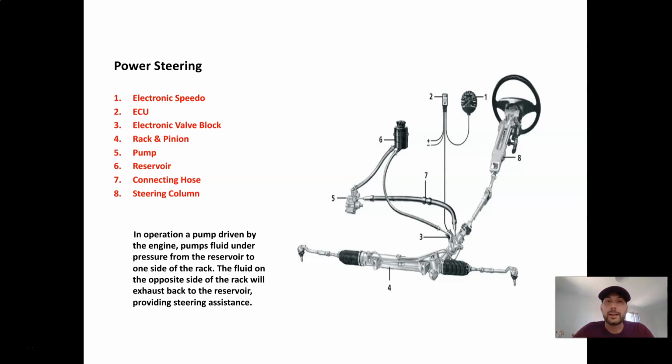So if you imagine we need it to move to the left, what we'd want to do is put the pressure to the right. So the pressure builds behind it. Then it forces the piston, which also is connected to the rack, which forces the rack and assists your steering effort. If we go the other way, all that happens is we redirect the fluid in the other direction.